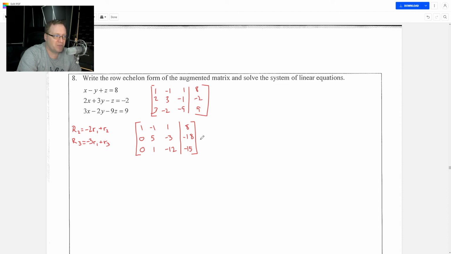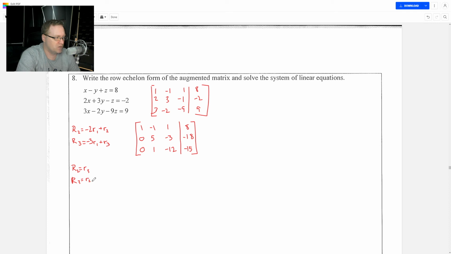So our first step to do that is we're going to switch these 2 rows, because here's a 1. We can just put it up here, right? So let's do that. We're going to do R2 equals old R3, and new R3 is going to equal old R2.